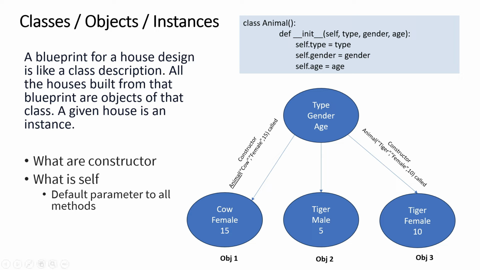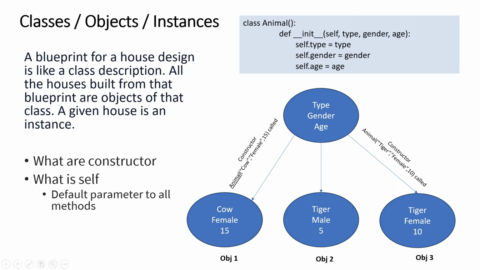So in our case, this is my class. Now, how do I create an object out of it? To create an object out of it, you have to call a constructor. Just don't worry if you don't understand what a constructor is. We'll look into PyCharm, and at that time I'll explain.